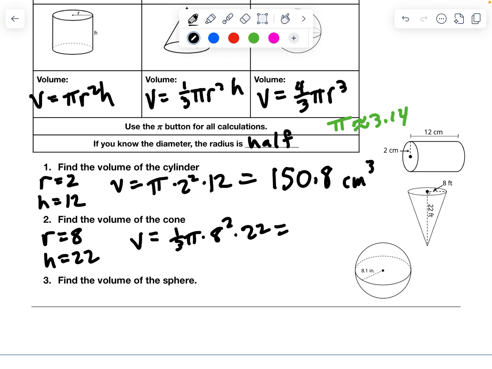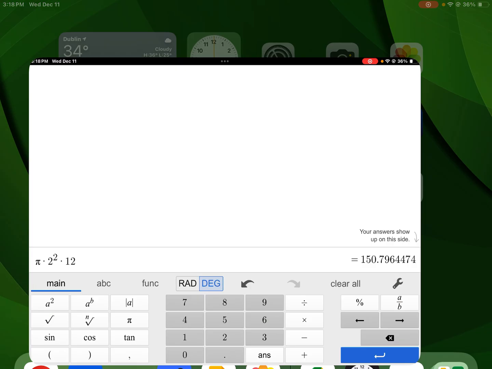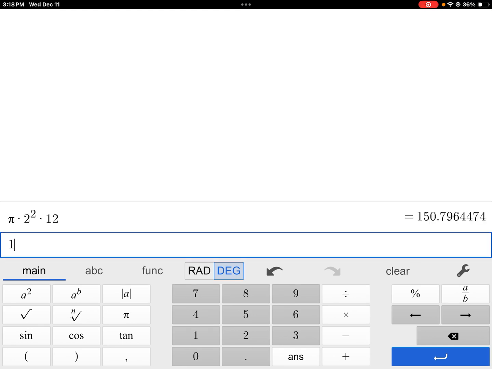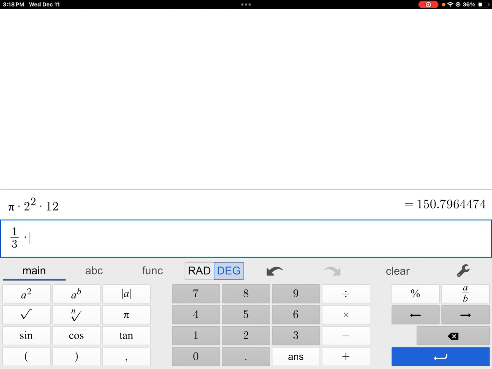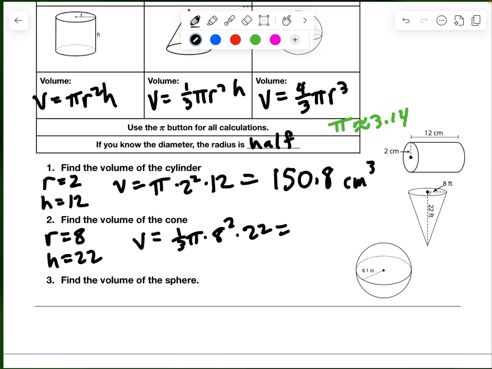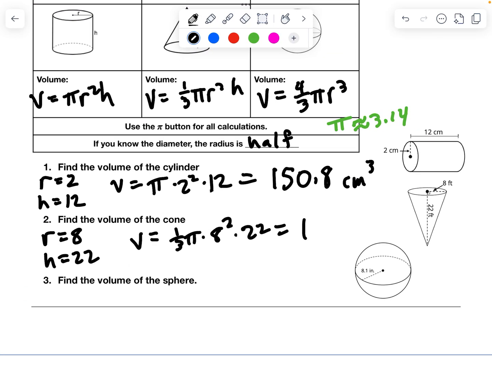Again, we flip over to our calculator. We type in 1/3 times pi times 8 squared times 22. I get 1,474.5. My unit is cubic feet, or feet cubed.